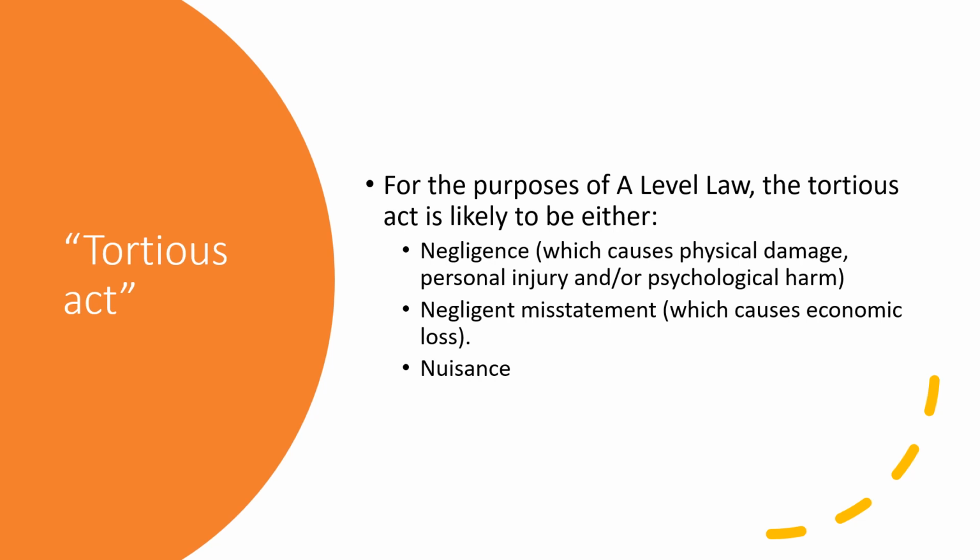But in terms of scenario basis, it could be negligence, so somebody is driving a van and is employed by somebody, for example, or somebody is sent to give advice on a particular issue by their employer, and there is a negligent misstatement for which there is some economic loss.